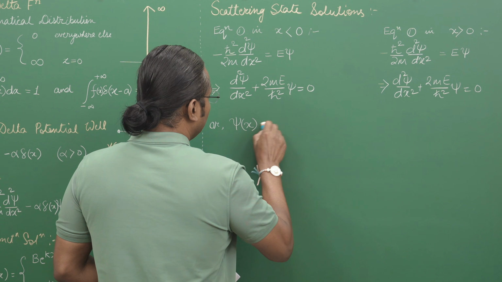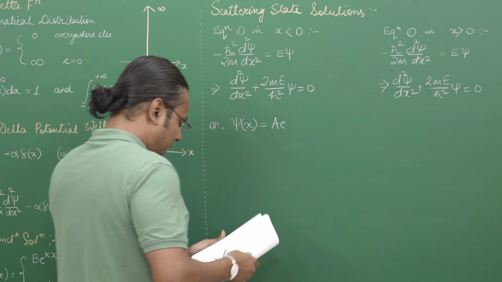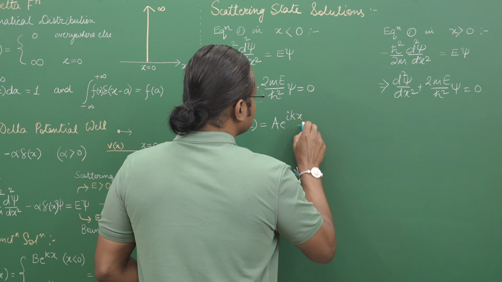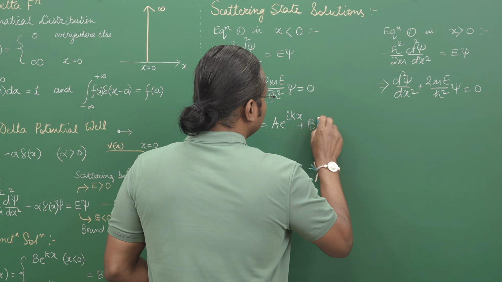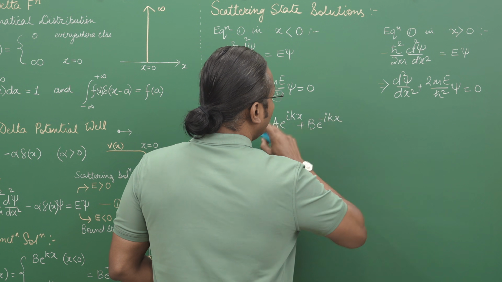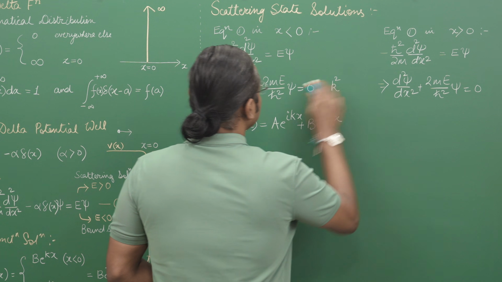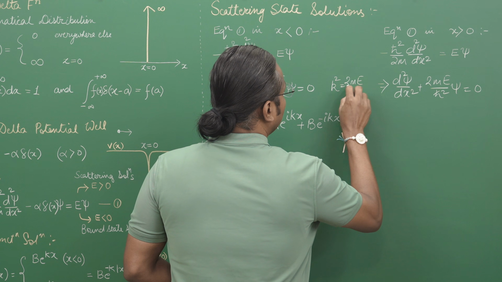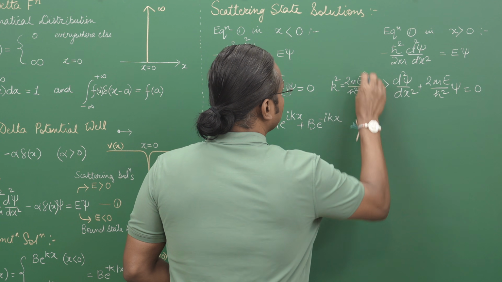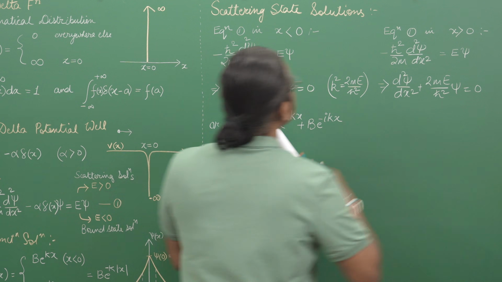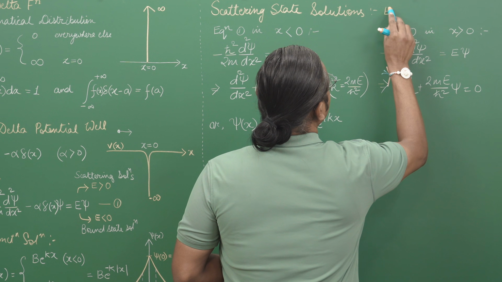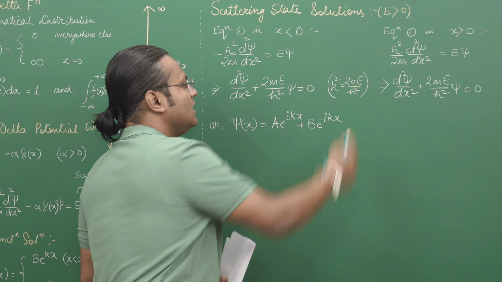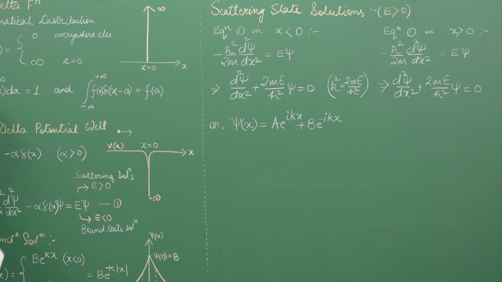So psi(x) is equal to, I have a constant A, and I can write this as an oscillatory solution, A e to the power iota kx plus B e to the power minus iota kx, where k square is essentially nothing but 2mE upon h cross square. Keep in mind that these are the solutions for E greater than 0, and because E is greater than 0, 2mE upon h cross square is a positive constant.